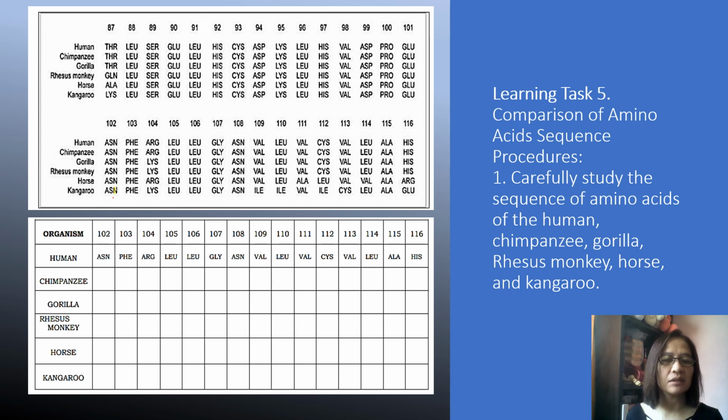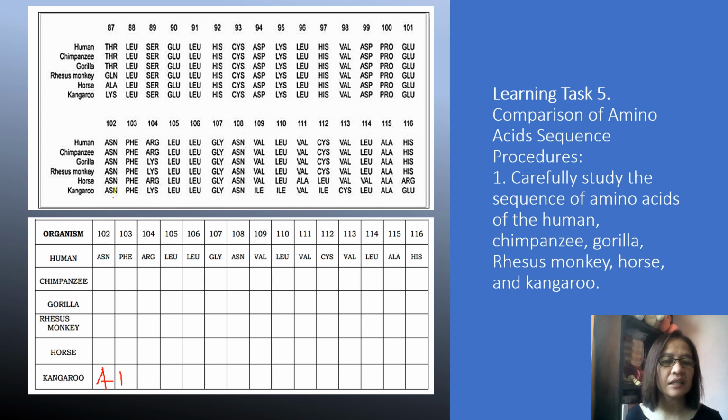Okay, example. Gamitin natin example ang kangaroo. So, ilagay natin dito yung amino acid ni kangaroo. 102. Tingnan natin. Ang amino acid ni kangaroo sa 102 ay asparagine. So, ilagay natin dito si A. Pero dapat siya ay ASN. Para lang siya magkasya, inilagay ko lang ay A. 103, phenylalanine.